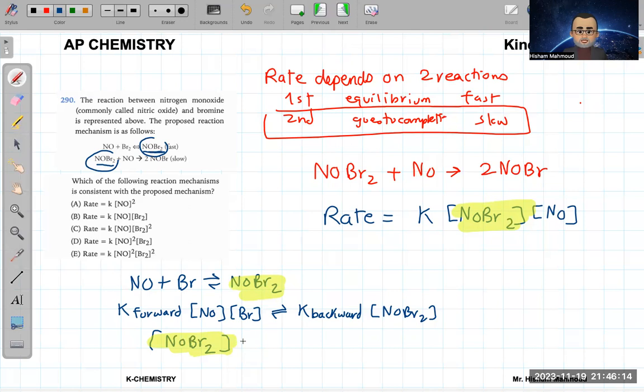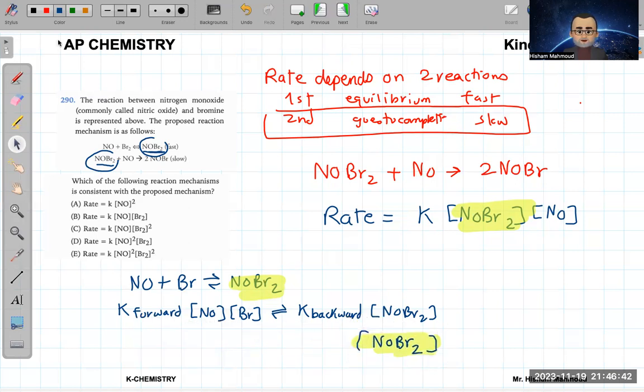That's why I will keep it aside here alone. So I will say it's equal to the K backward divided by, again, I said I will put it on the other side. So I'm sorry, the K forward. Let's do it here so as not to be confused, here as we were doing it. Oops, I want all of it here.